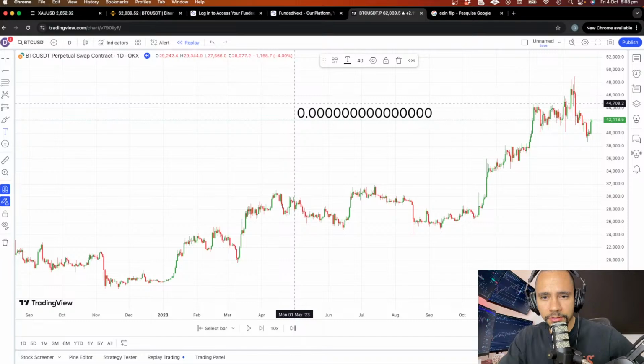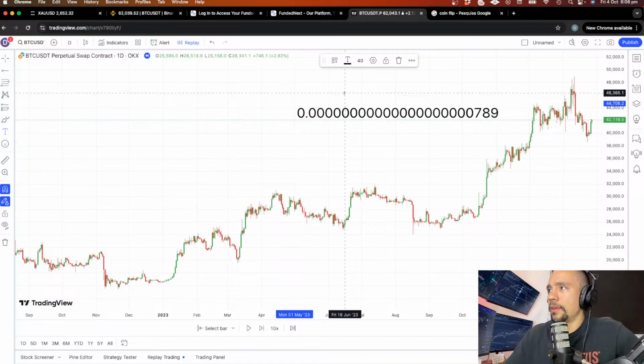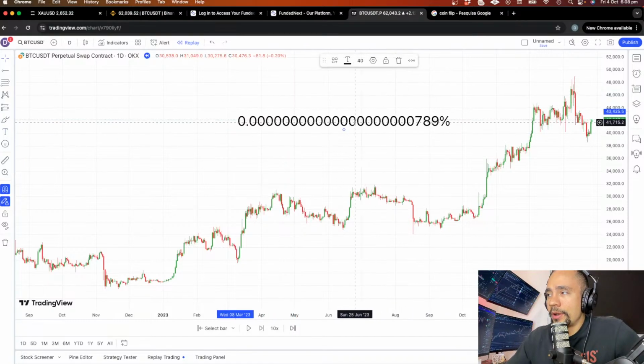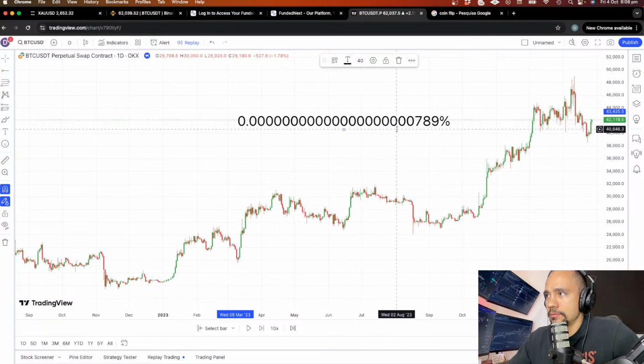No, I lost. I think it's something crazy like this. That's the percentage, the likelihood of you blowing up an account if you risk 1% on each trade. I think there are more zeros, but you get the point.